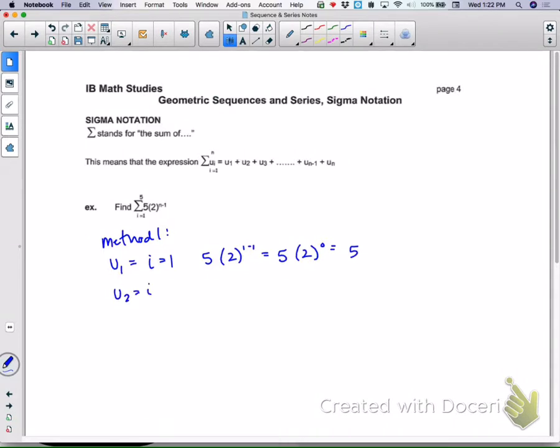U sub 2 would be 5 times 2 to the 2 minus 1 power, which is 5 times 2 to the first, which is 10. And after doing just a couple here, you'll realize what the pattern is, and you can totally just repeat the pattern.